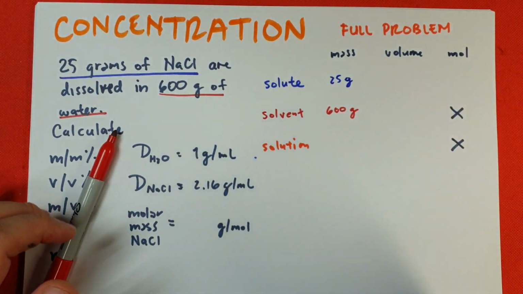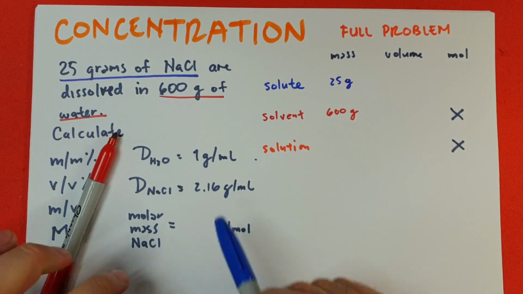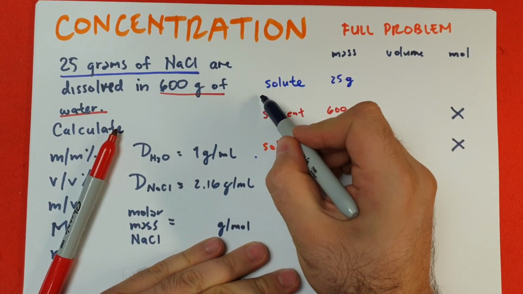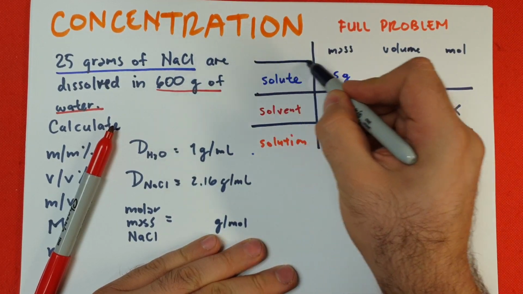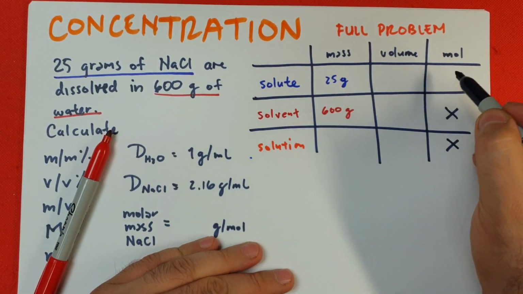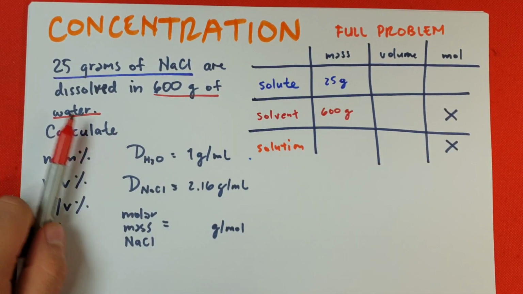We're not given anything else other than the density, and we still have a few boxes to fill out, these 1, 2, 3, 4, 5. So let's start filling out the simple ones.